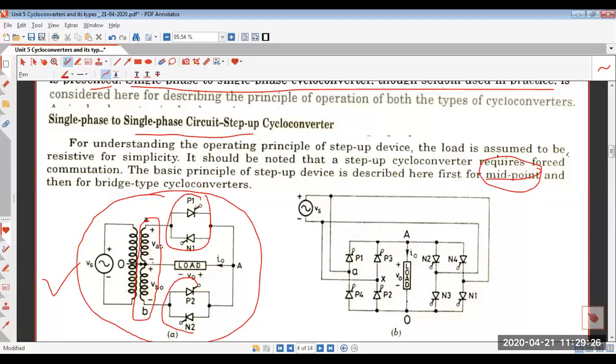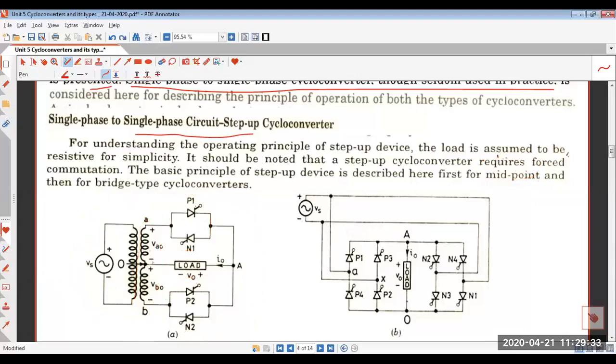So you can see here P1 and P2. P here indicates positive and N indicates negative. So P1 and P2 belong to the positive group of SCRs, and N1 and N2 belong to the negative group of SCRs. Now, why are we calling them positive group and negative group of SCRs?